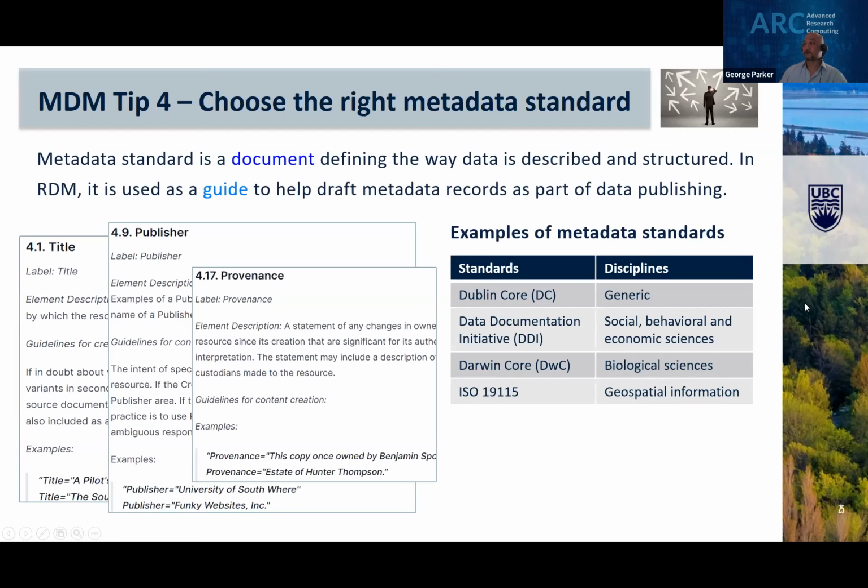If you are doing social science or economic science, you would go for DDI. This one, Dublin Core, is a generic standard. That means you can apply that to all disciplines. For example, if you are doing biology, you can go for Darwin Core or go to this DC.